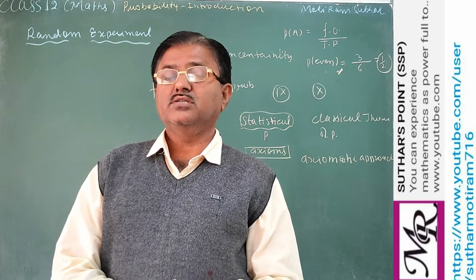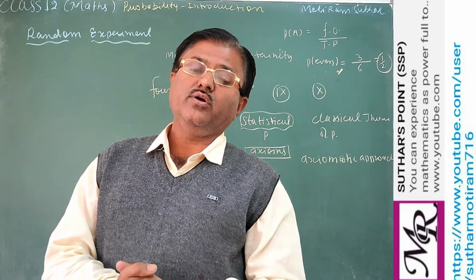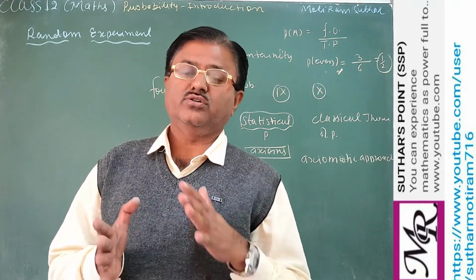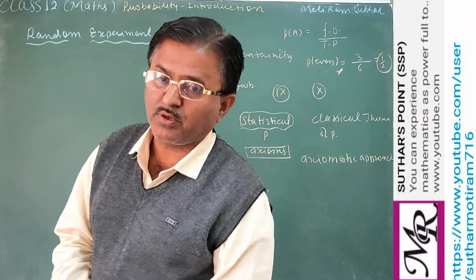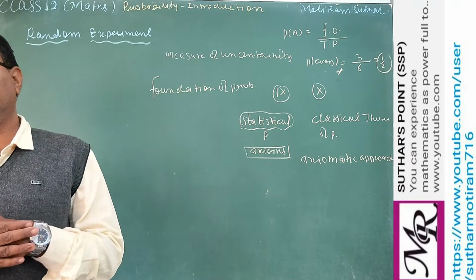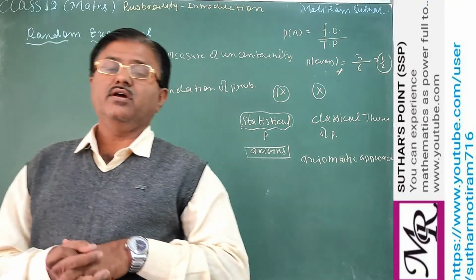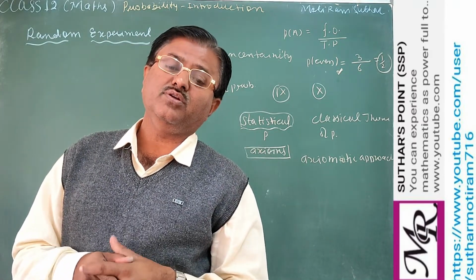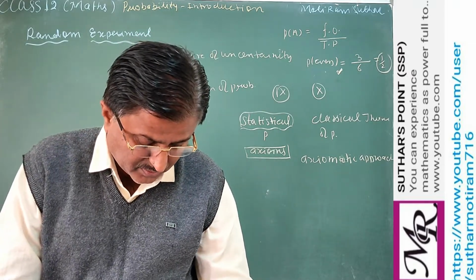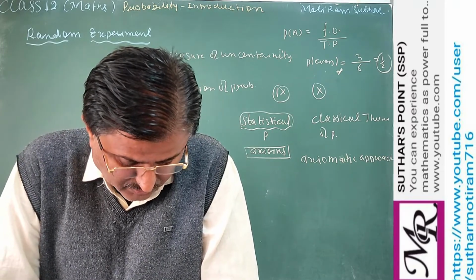It is not necessary. Similarly, when you are throwing a die, we cannot say it shows 6. It may be, but it is not sure. So such types of experiments in which the result cannot be said in advance, or we are not confirmed about the result in advance, are known as random experiments.